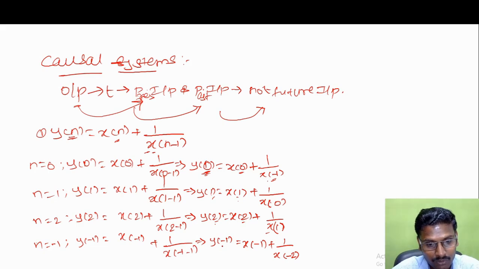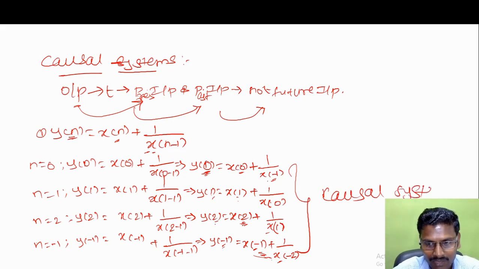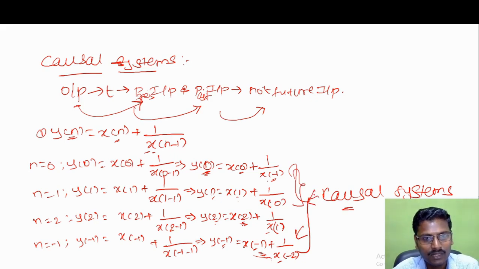When n is equal to minus 1, it depends upon past values, x of minus 1 and x of minus 2. These two are the past values, right? Positive values denote present inputs, and negative values denote past inputs. So the given system is a causal system because it depends upon past inputs as well as present inputs, right? This is an example of a causal system.